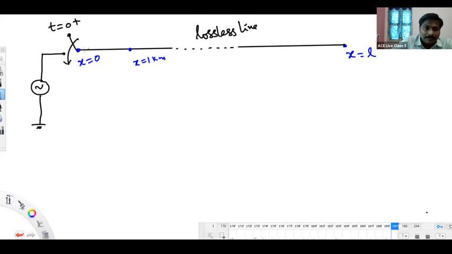At this point of x equals 0, I will be taking that voltage as a reference. I'm taking the voltage as mod V at an angle 0.